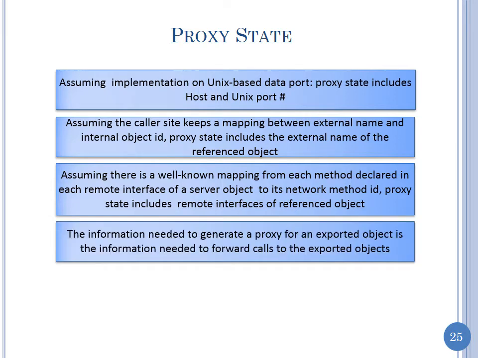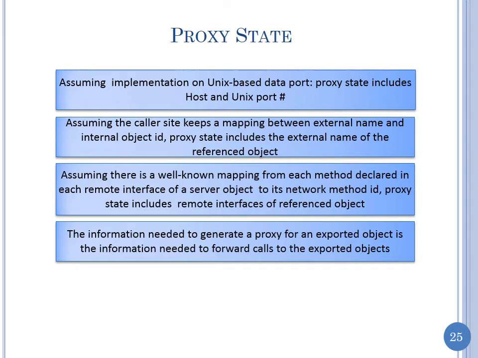But I'd like to say the following: the information needed to generate a proxy for an exported object is the information needed to forward calls to the exported object. When I say information needed to forward calls, I mean the information that's always sent, that is call independent.